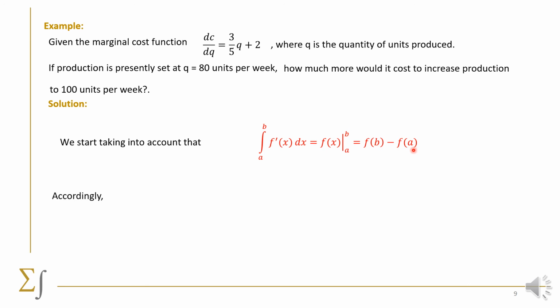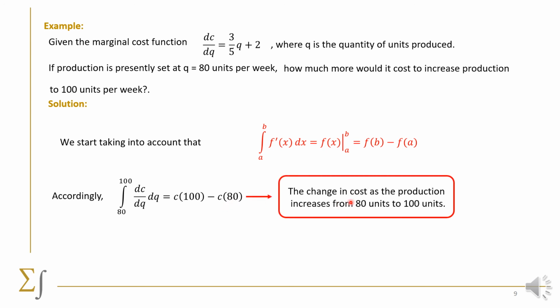Accordingly, in our case, the definite integral of the marginal cost from 80 to 100 is equal to the cost of producing 100 units minus the cost of producing 80 units. Actually, this gives us the change in cost as the production increases from 80 to 100 units, which is exactly what we are asked to evaluate.